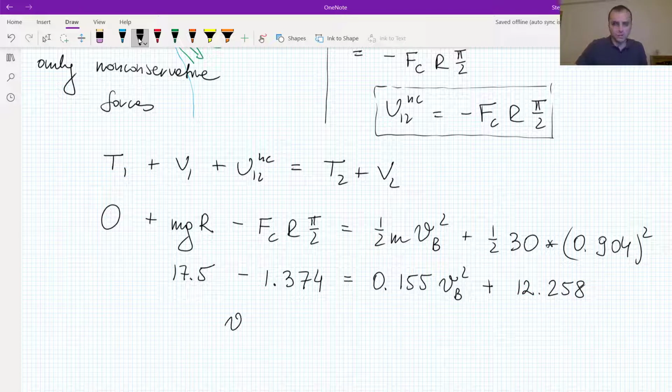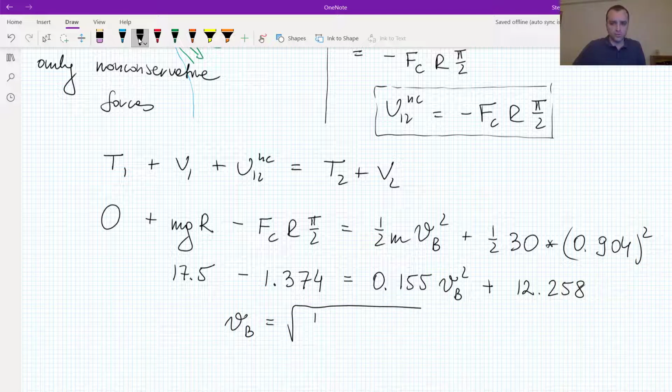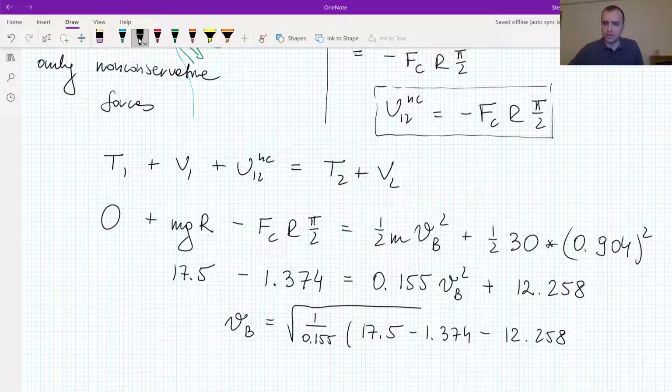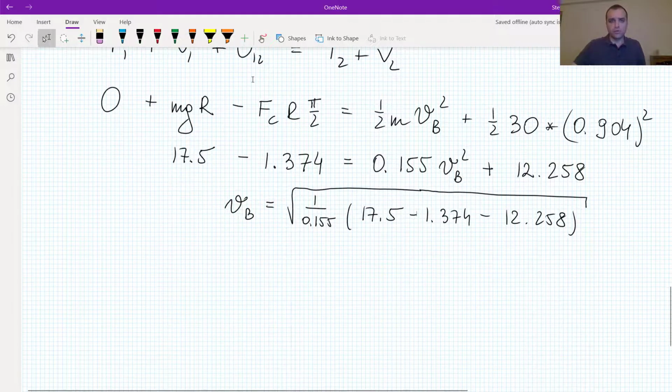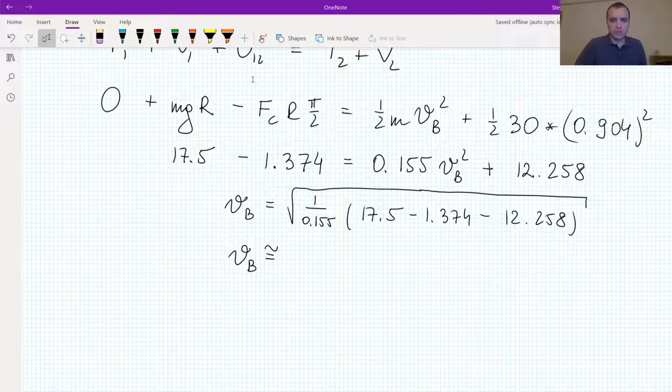So our VB will be equal to the square root of 1 divided by 0.155, times 17.5 minus 1.374 minus 12.258. And if you grab your calculator, you will obtain a value of VB that is approximately 5 feet per second.